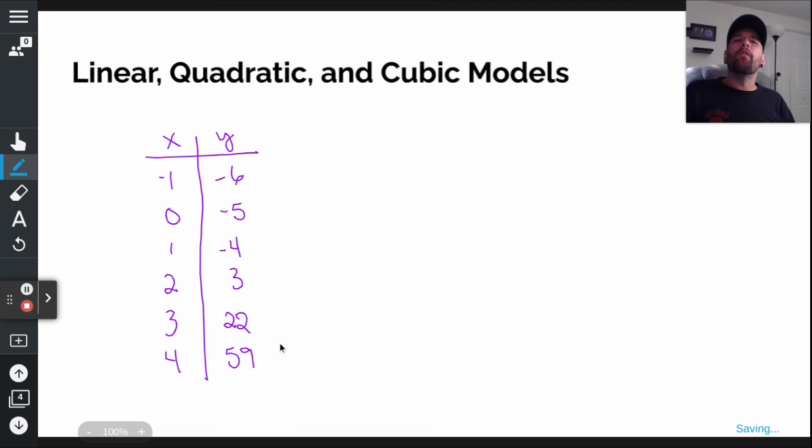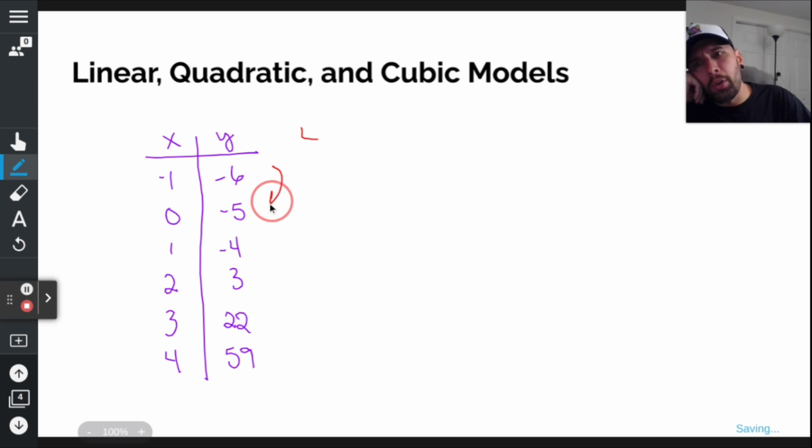Now, a very common question is find a model that best fits the data. So we're thinking, is it linear, is it quadratic, or is it cubic? Let's do the rules. If it's linear, all of these go up by the same number, consecutive equal length input value intervals. To go from -6 to -5, I add 1.